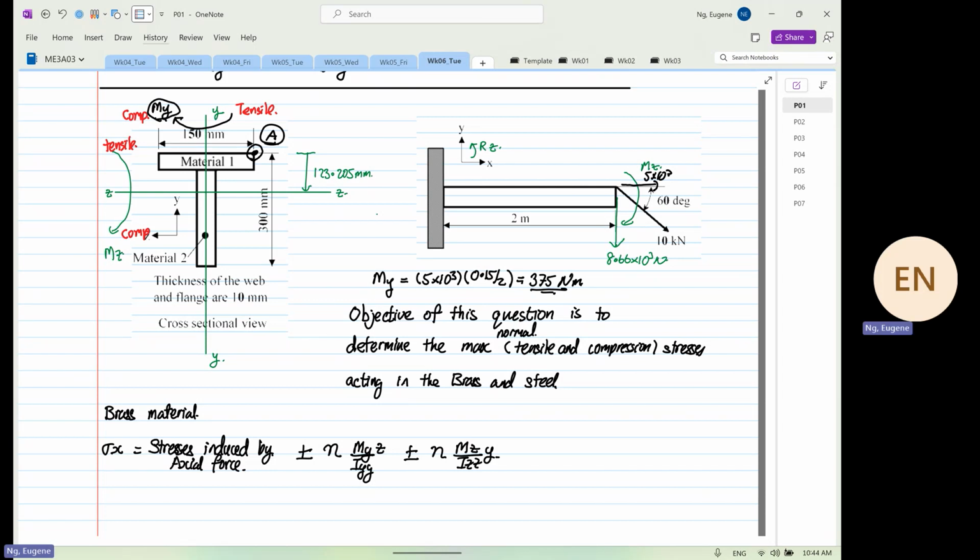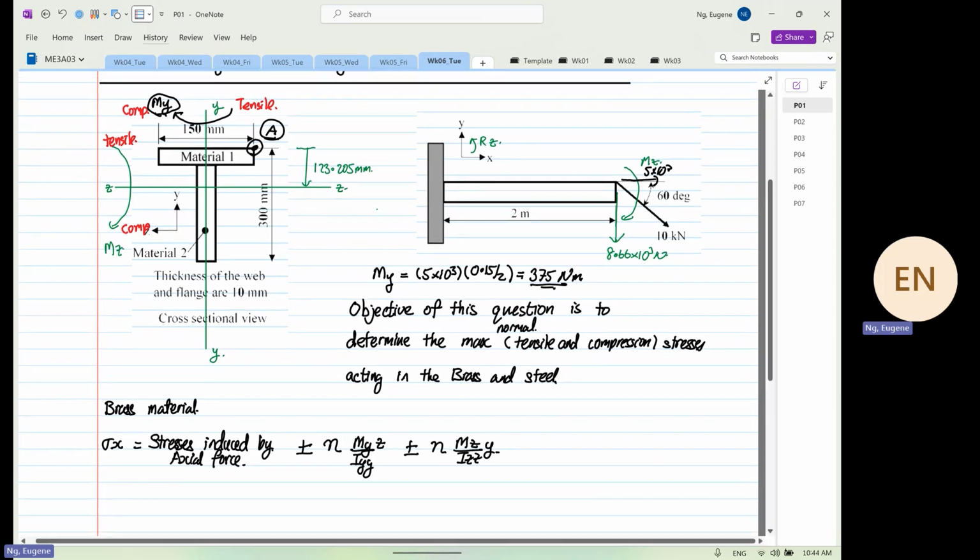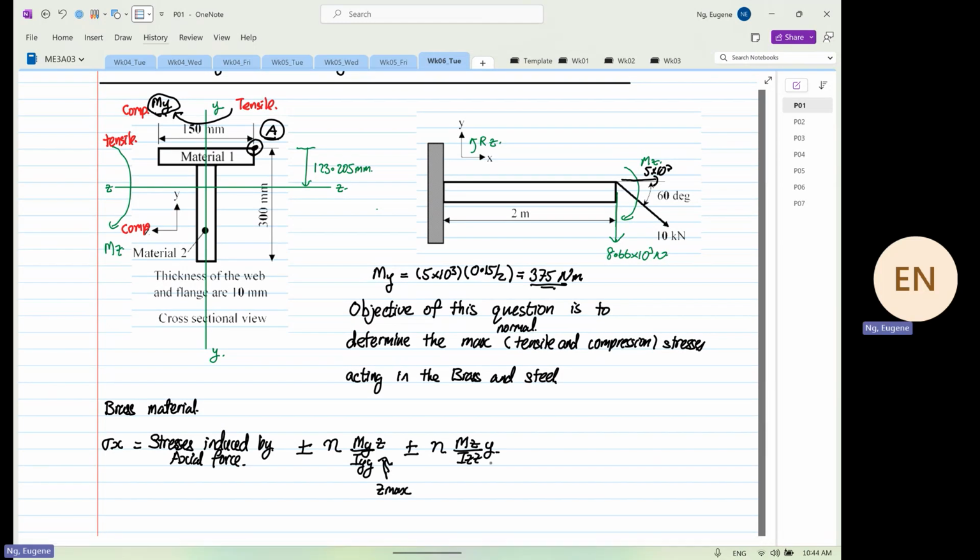So if you look at how to identify the maximum stress, we know that down here we need to find the location of Z max, and over here we have to identify the location of Y max. Am I right?